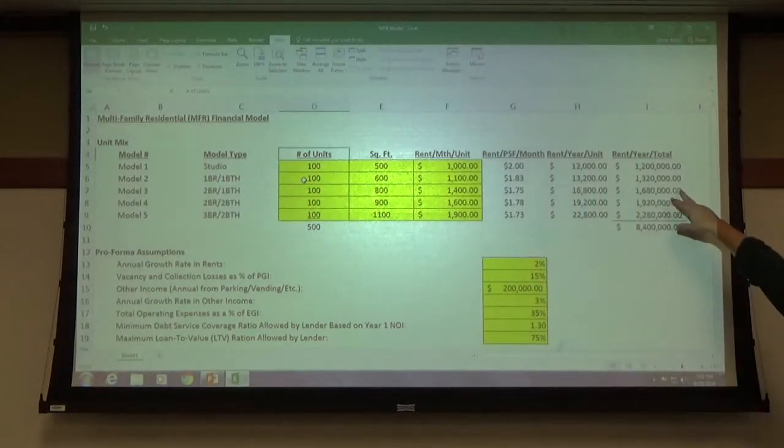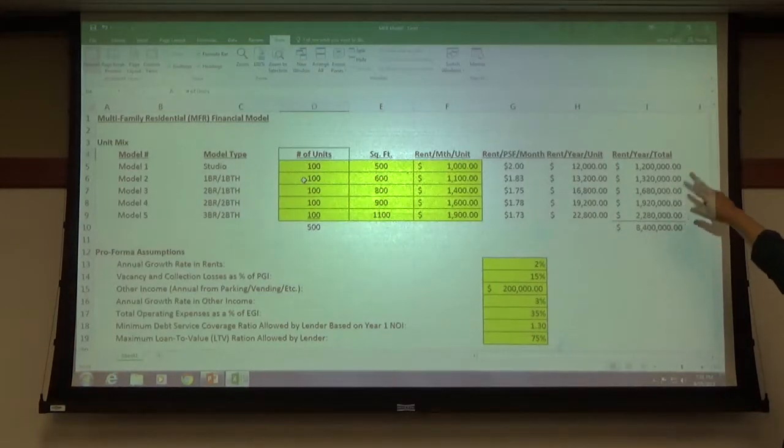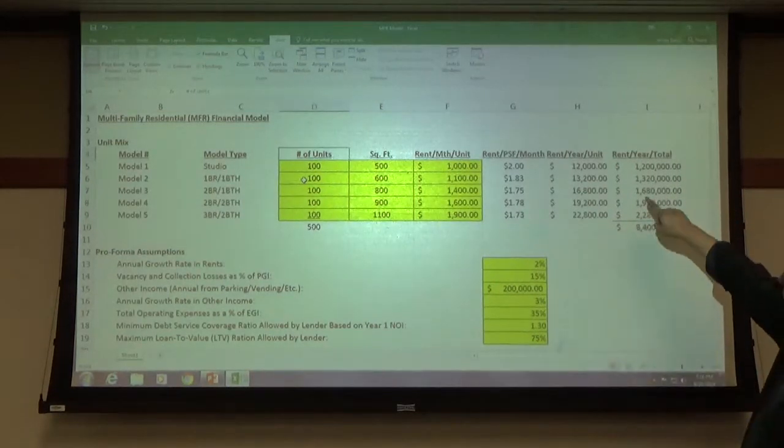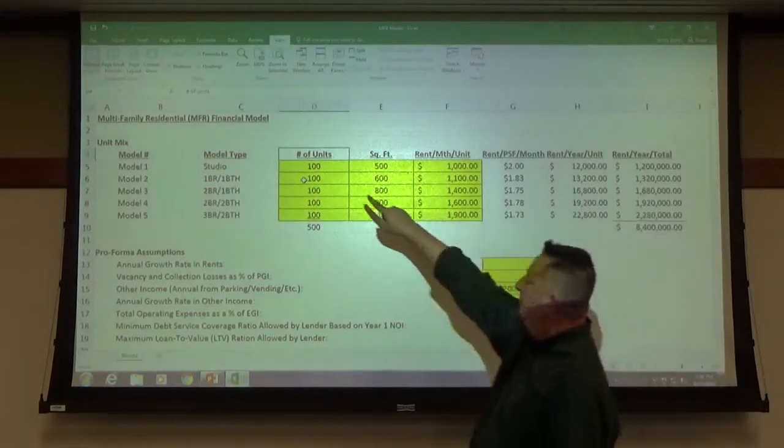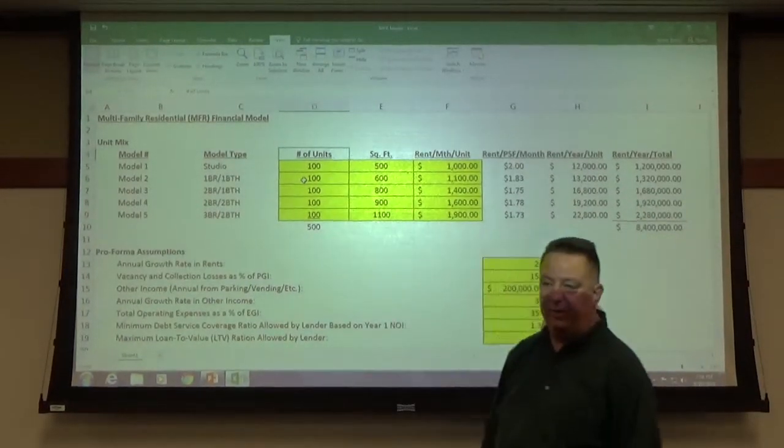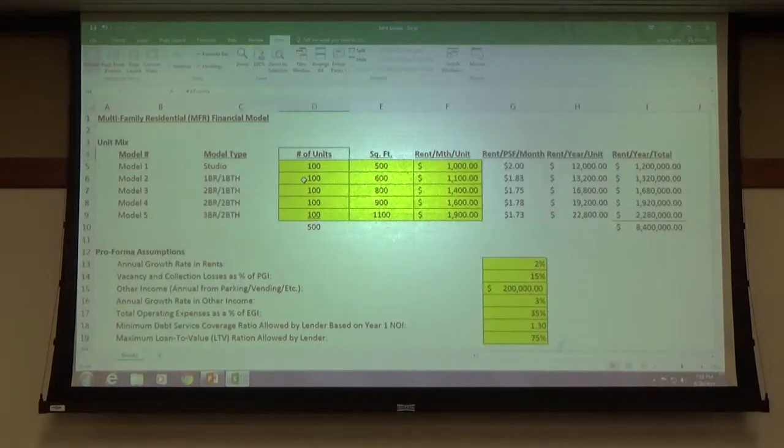And then to get the rent per year total for all of the units, we're simply multiplying each of these by the respective number of units. Make sense? The nice thing is, once I send the spreadsheet, you guys can play around with it on your own, tinker around and see how it all pieces together.